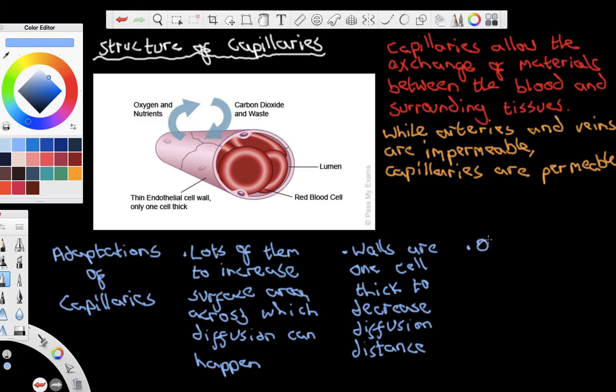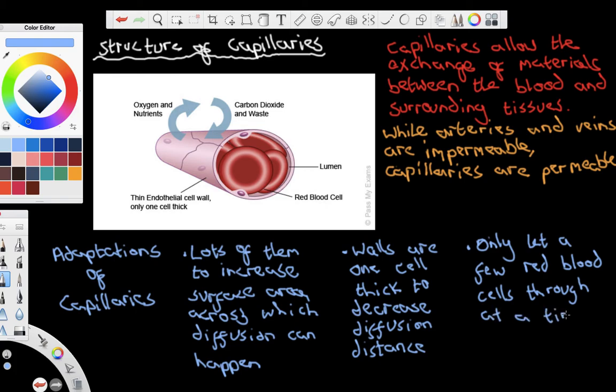So only let a few red blood cells through at a time, so all can carry out diffusion.